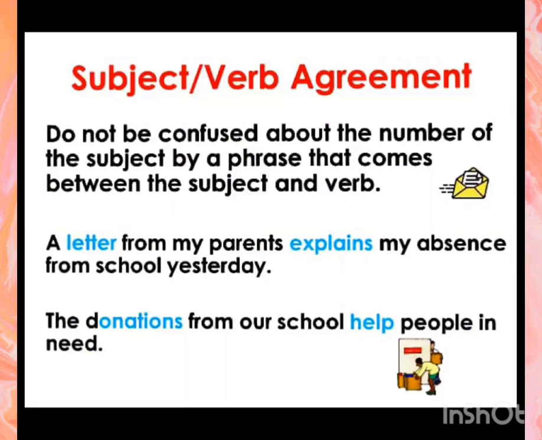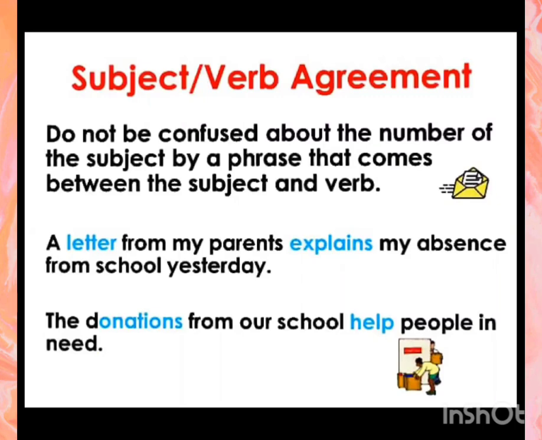Now, what do we understand by subject-verb agreement? Dear students, before we begin with the topic, I want you all to please open page number 82 of your book and relate the topic with your chapter. Do not be confused about the number of the subject by a phrase that comes between the subject and the verb. A letter from my parents explains my absence from school yesterday.